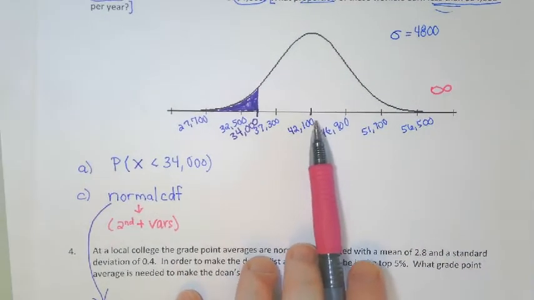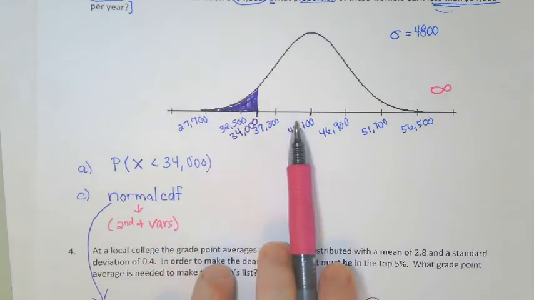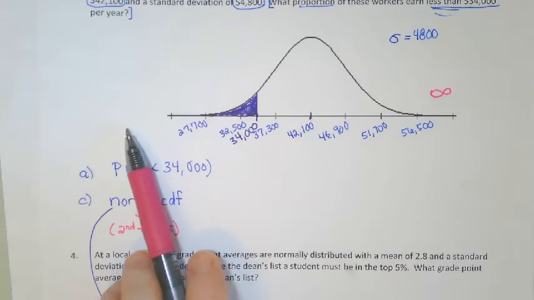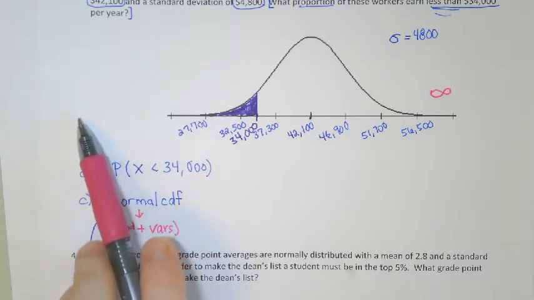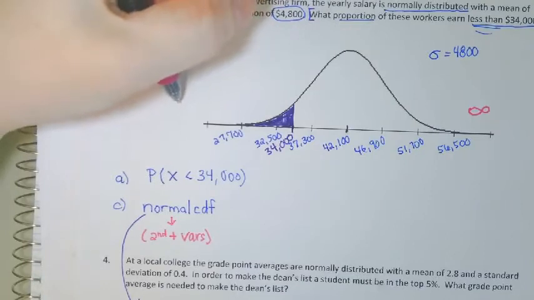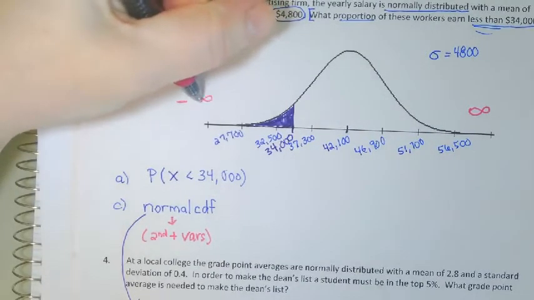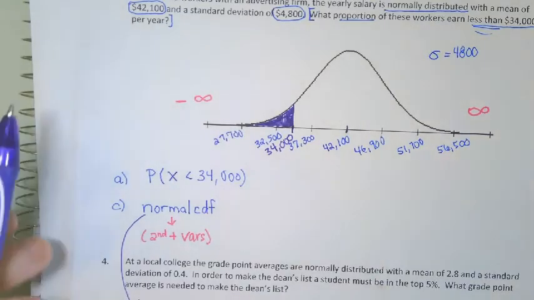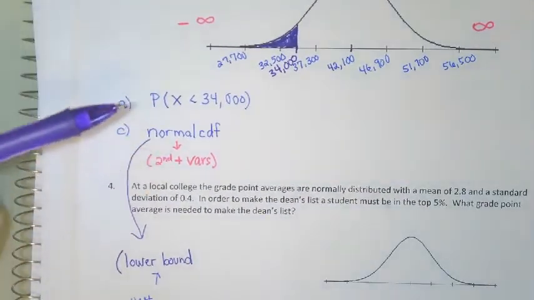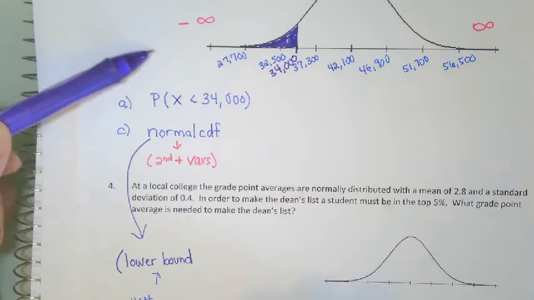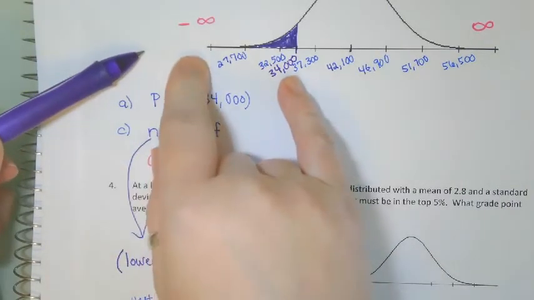However, as we move to the left of the distribution, the values will continue to get smaller and smaller. Eventually, they'll become negative and more negative and infinitely negative. So we call the far left bound negative infinity. Okay. So in our case, our lower bound is negative infinity. That is the smallest value possible in this shaded area we're focusing on.